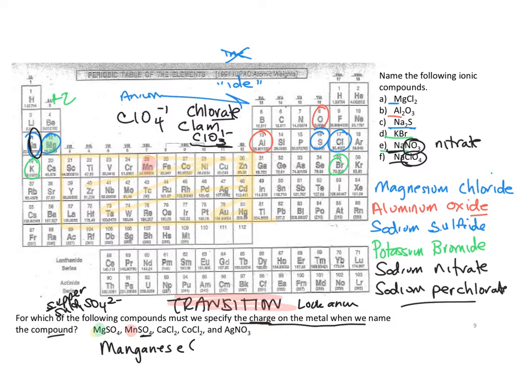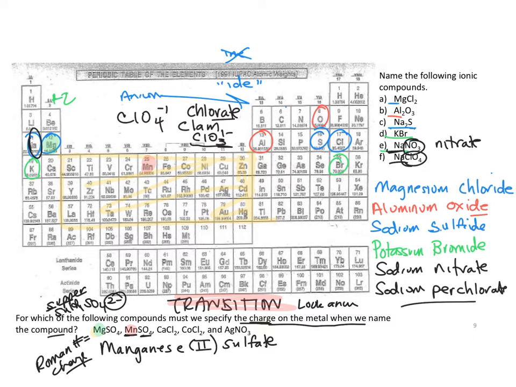So you have sulfur, you have 4 oxygen. So that's a 2 minus, and since there's only one manganese, there's a Roman numeral 2 for the charge. The Roman numeral is the charge. Sometimes people do that as the subscript, and it's not. Manganese 2, and then sulfate, and that's how you would name that.